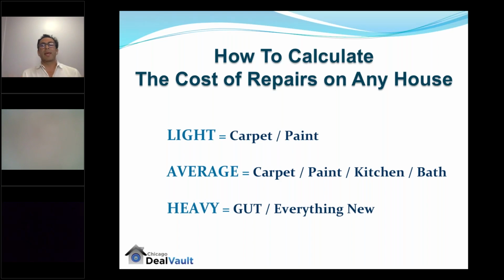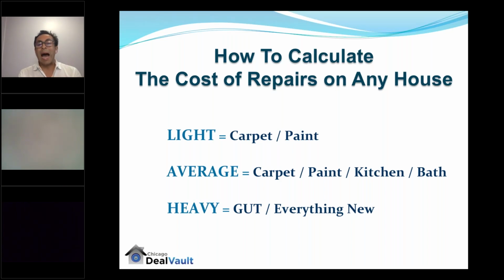When you get into real estate, you have three options, right? Buy and hold, fix and flip, or wholesale. So if you're gonna buy and hold or fix and flip, you need to understand these like the back of your hand. So when you look at a property, there's only three categories, okay? It's either a light rehab, which is only carpet and paint.